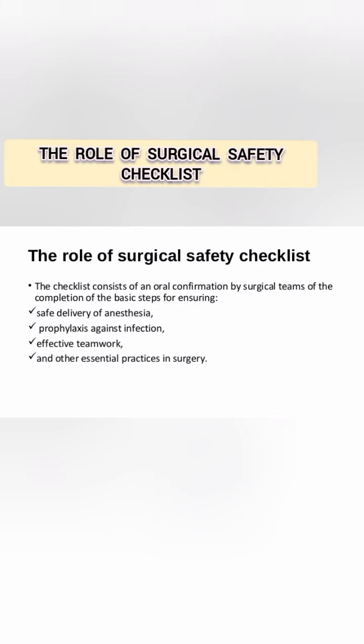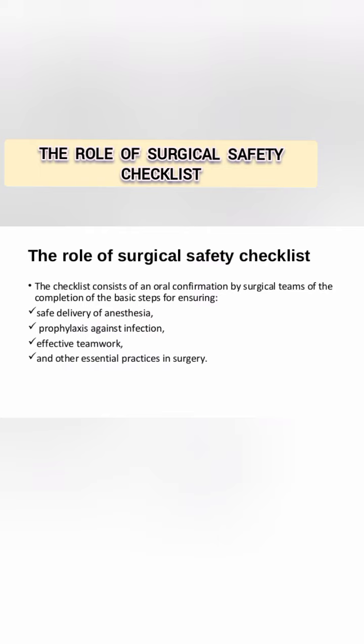Now, I would like to discuss the different roles of the surgical safety checklist. The checklist consists of an oral confirmation by the surgical team. The surgical team includes the circulating nurse, the scrub nurse, the surgeon, and the anesthesiologist.